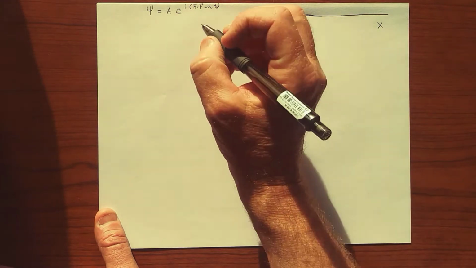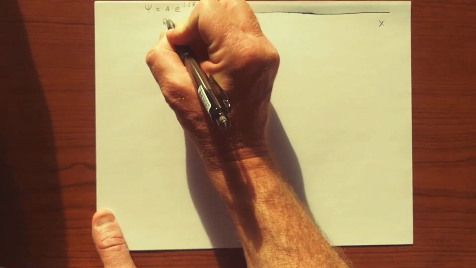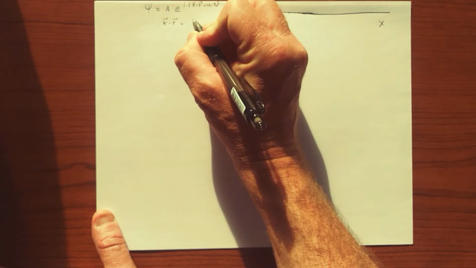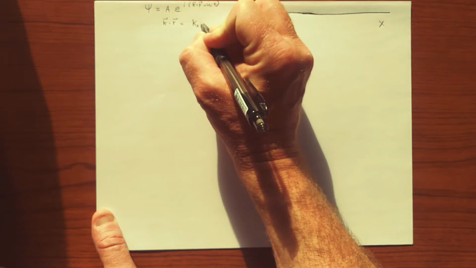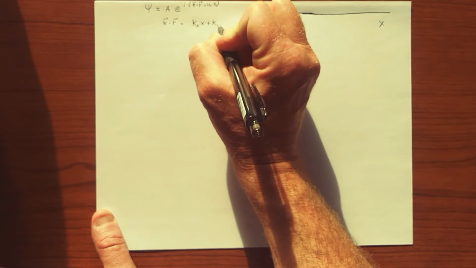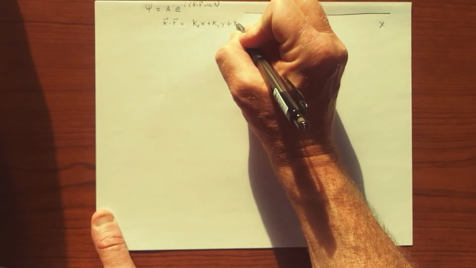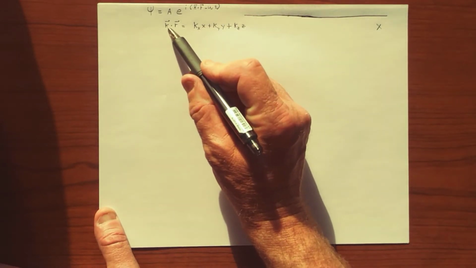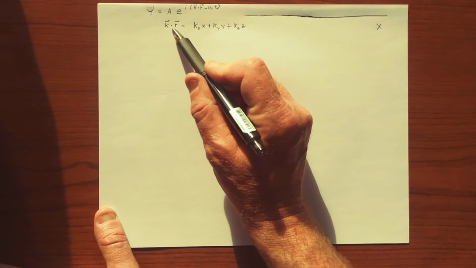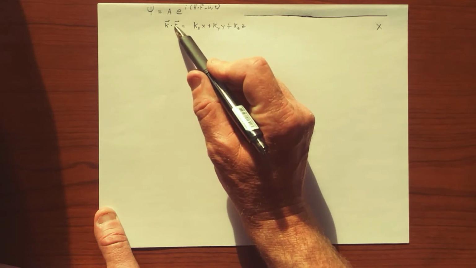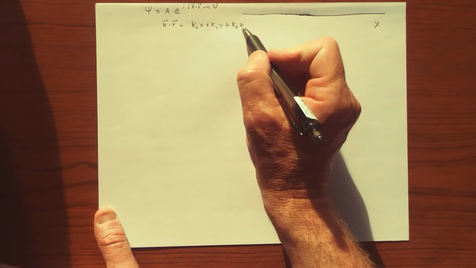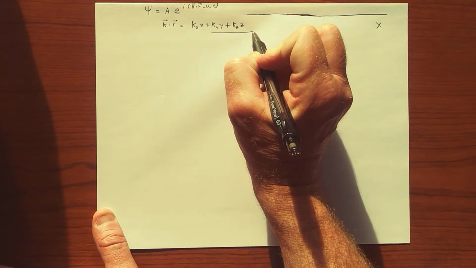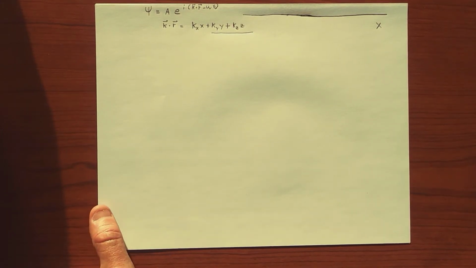And so this k dot r, in xyz coordinates, would be kx times x plus ky times y plus kz times z, because the k vector is kx, ky, kz. Those are the components of k, and the components of r are x, y, and z. And so the dot product gives us this number. Okay, but this part disappears because the object doesn't live in the y and z directions.